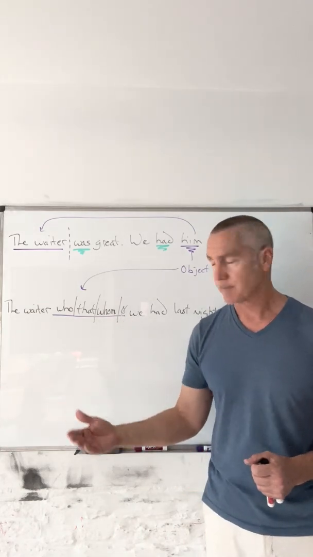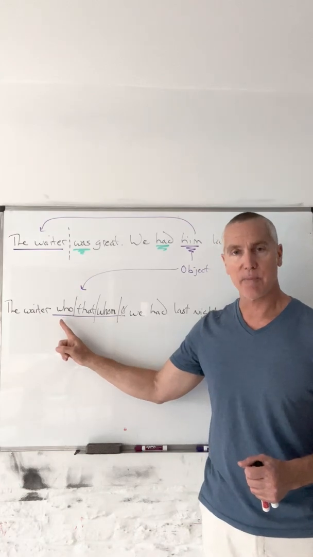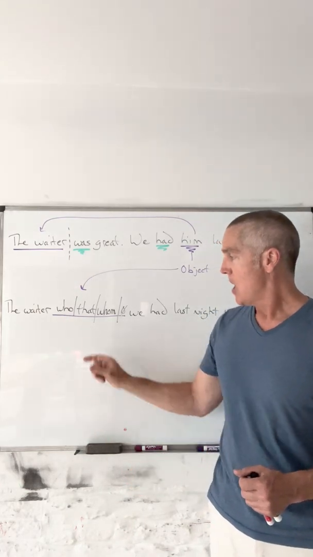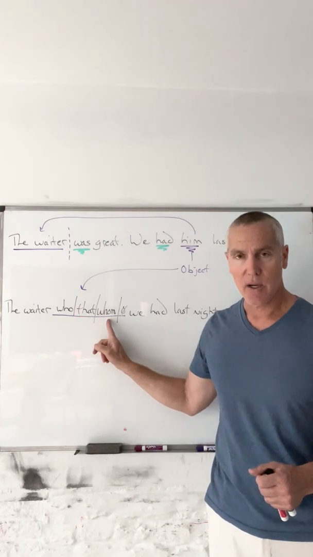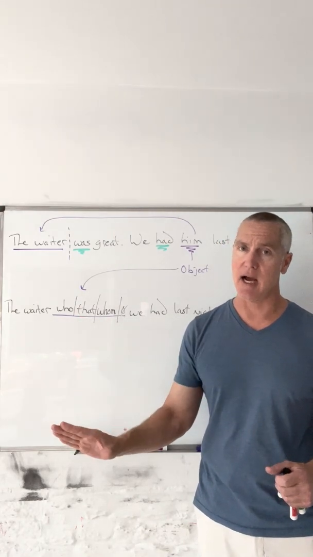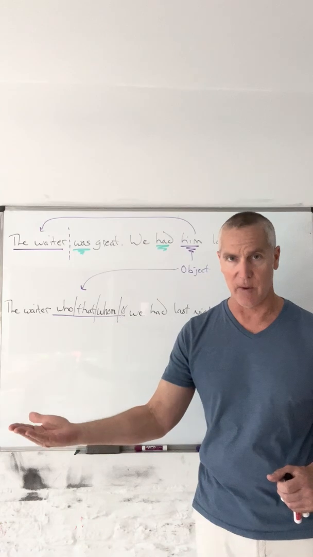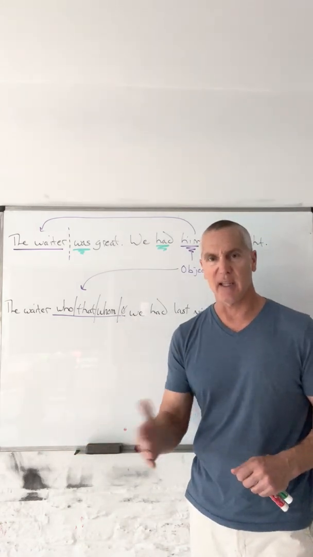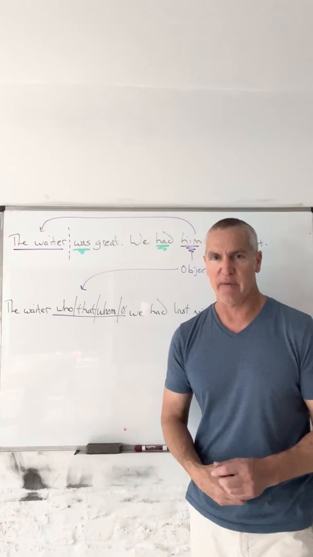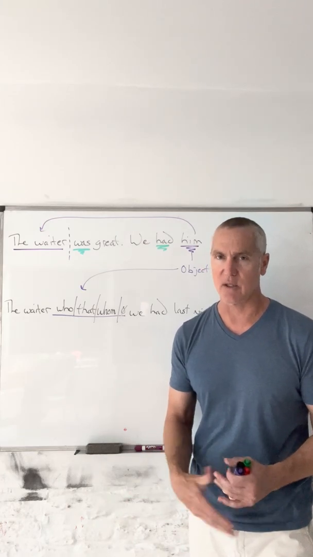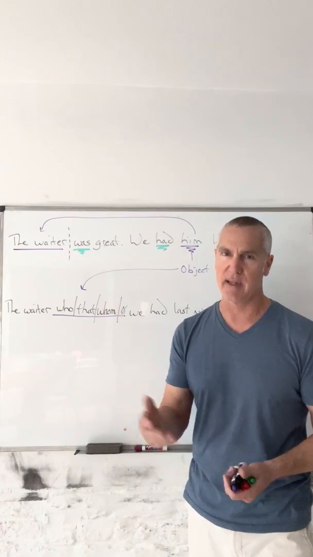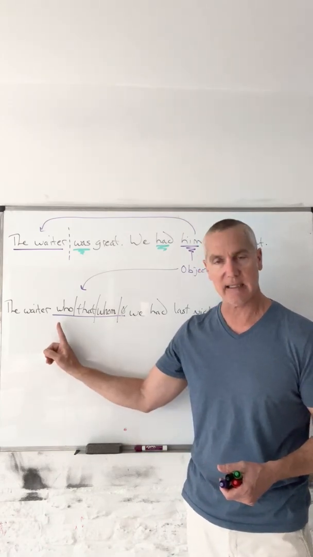And again, who is probably the most common, the most high frequency. Whom would be the least common but the most formal. And no pronoun would be the least formal, a very informal context. The waiter we had last night was great. More formal and probably a little more common, the waiter who we had last night was great.